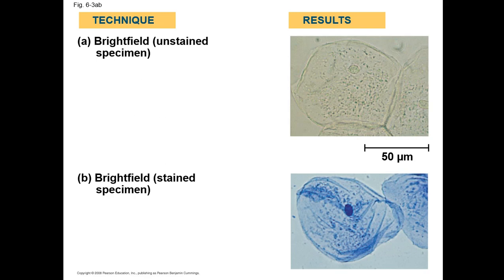So we have the unstained specimen. So you call this one bright field unstained specimen. You're going to compare that with a stained specimen. So see, you will probably have a greater difference between parts of the cell being viewed in an image. Okay po? So that is around 50 micrometers.